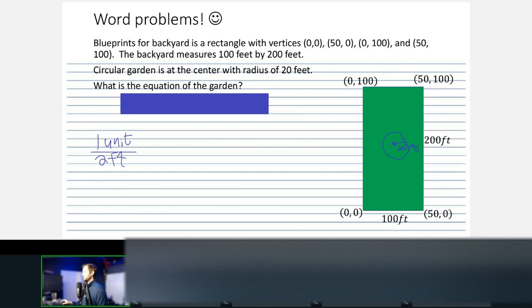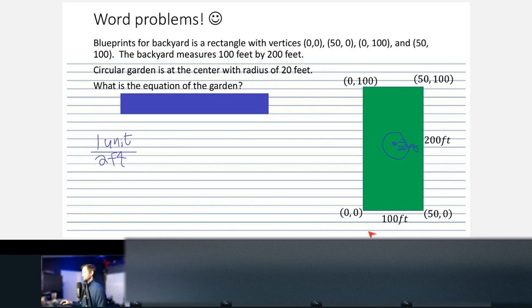So midpoint from which corner to which corner? Diagonal corners. Yes. So we could use this coordinate and this coordinate, draw a straight line and find the midpoint using those two coordinates, or I could use this coordinate and this coordinate. However you want to do it, or we can just look at it and figure it out.